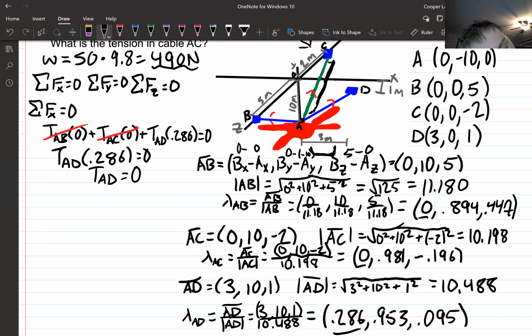So we are going to do sigma f sub z equals 0. When we're doing this out, we're going to grab all of our z values. We're going to first start off with our TAB, and TAB is going to be multiplied by our 0.447.